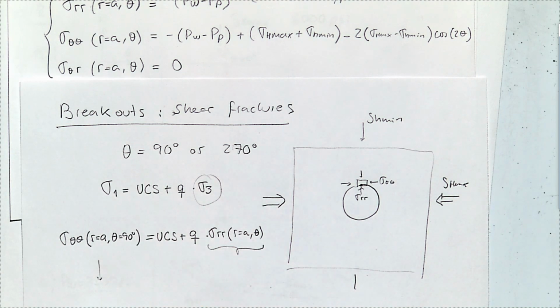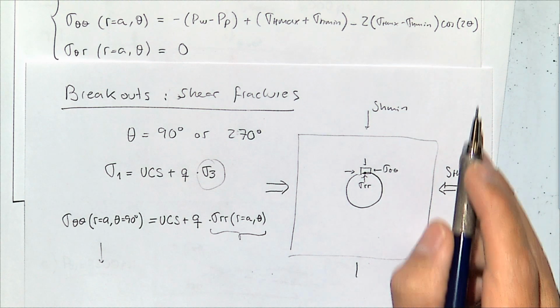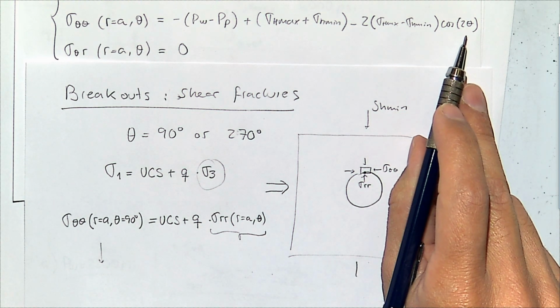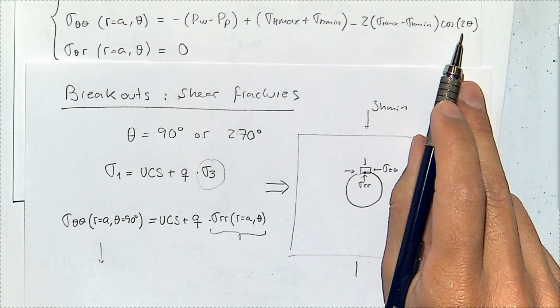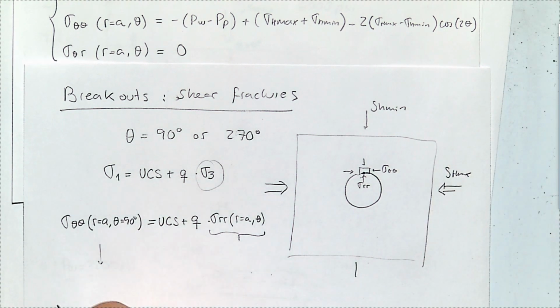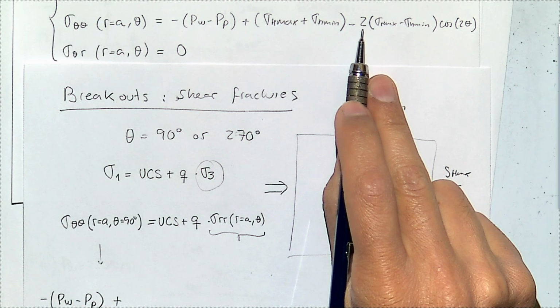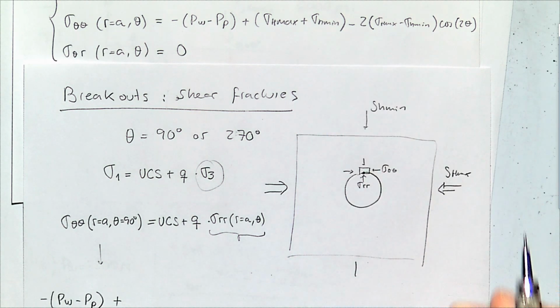For theta equal to 90, sigma theta theta, you can see the equation here on top, but basically this one is going to be 180, and cosine of 180 is going to be -1. So all of this is going to be PW minus PP plus, if this is negative, now this is going to be positive, plus 2 sigma H max.